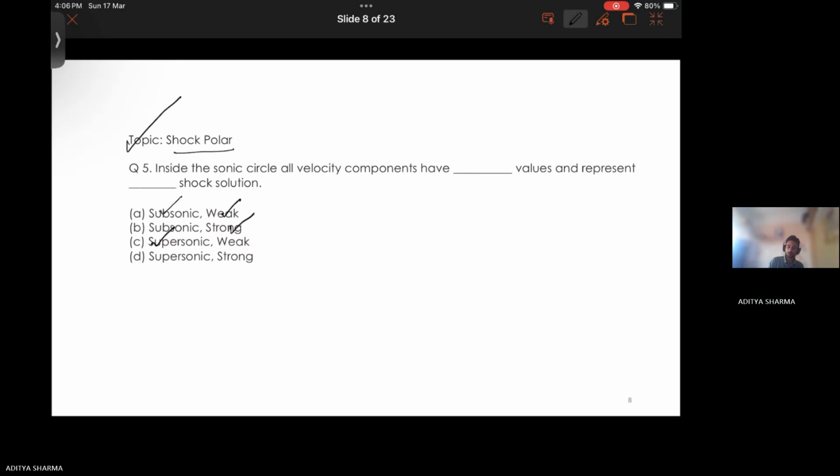So the question introduces this term, sonic circle. First we need to know what a sonic circle is, and then the velocity components in that sonic circle.